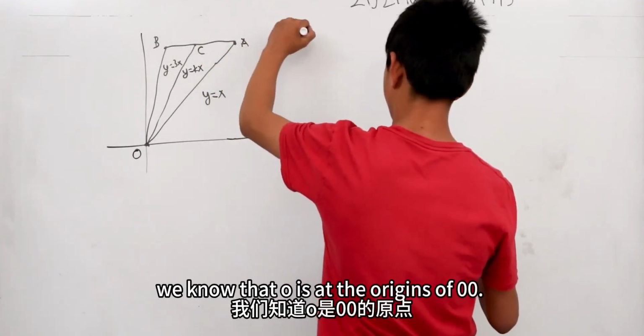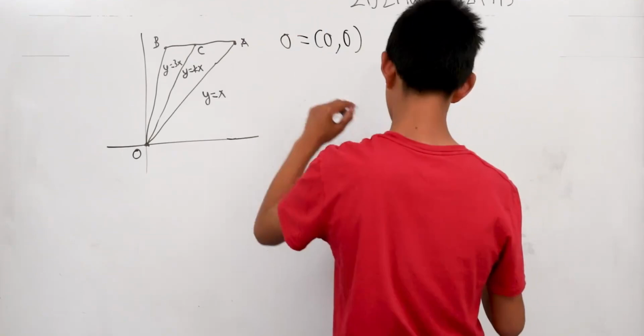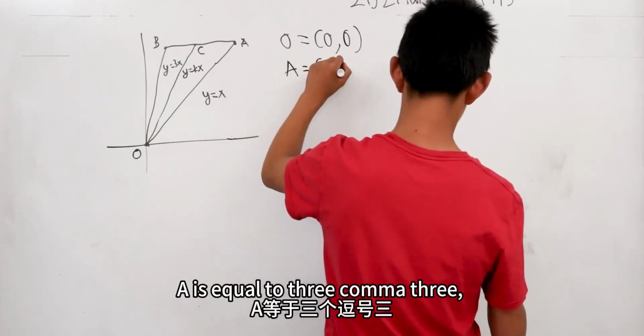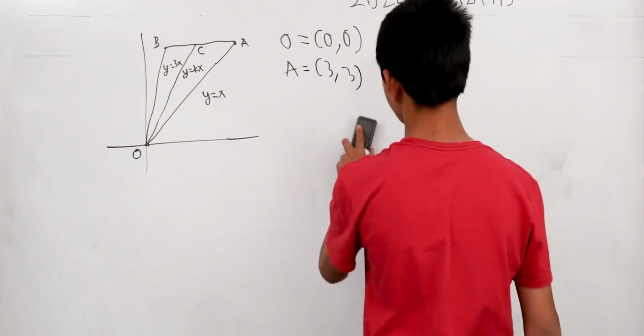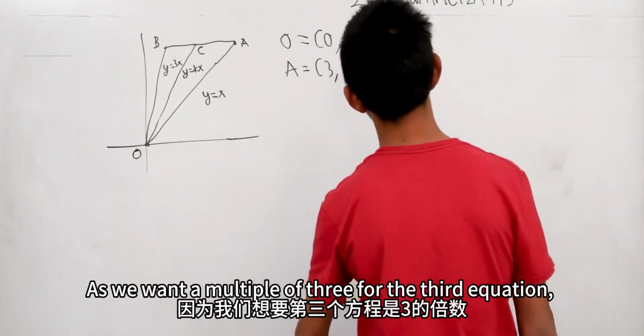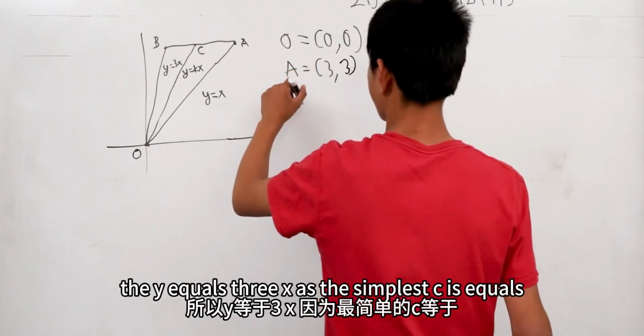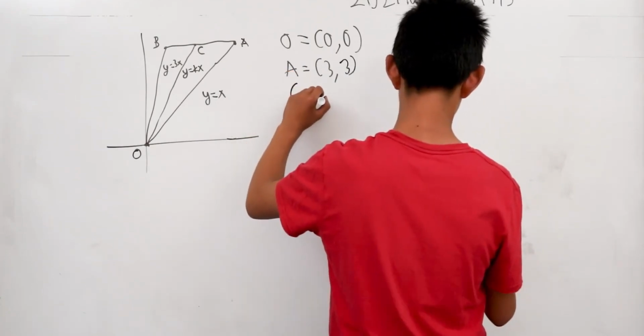First of all, we know that O is at the origin, so (0, 0). A is equal to (1, 3)... so let's see, we set the y all equal to 3, as we want a multiple of 3 for the third equation, y equals 3x. That's the simplest.